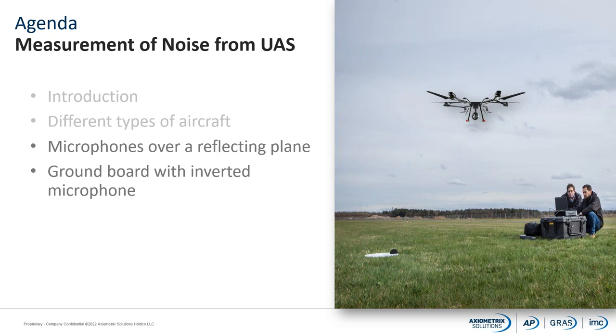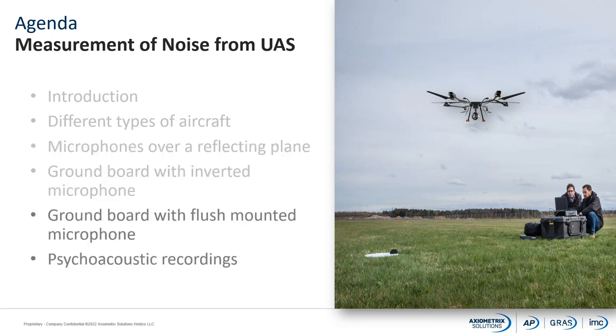We'll cover microphones over a reflecting plane, ground board with inverted microphone, and ground board with flush mounted microphones, and we'll also touch a little bit on psychoacoustic recordings. Everything will then end up in a conclusion, and then it is open for questions.